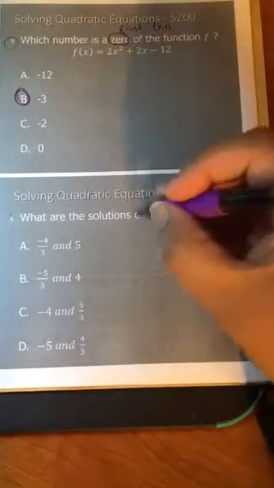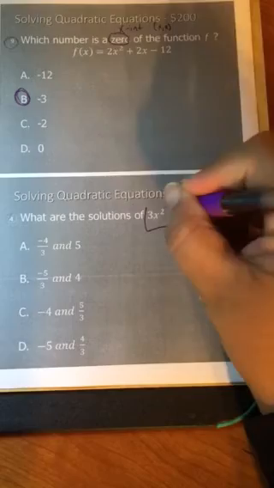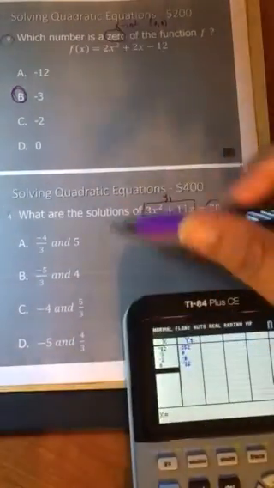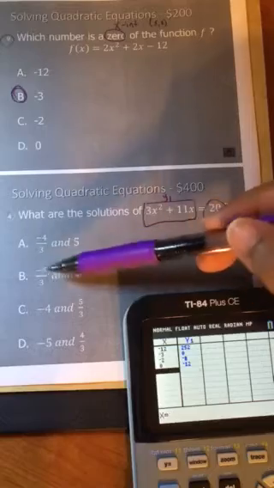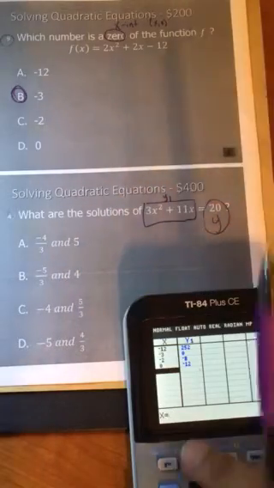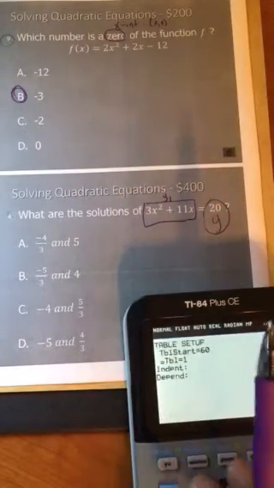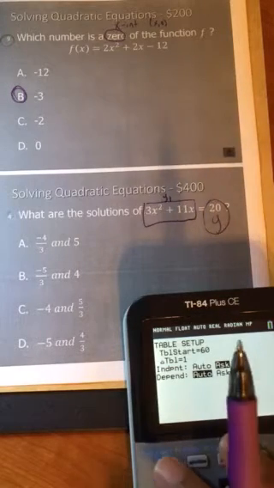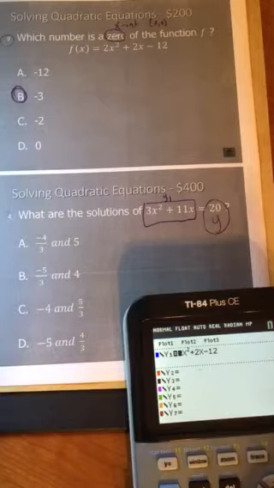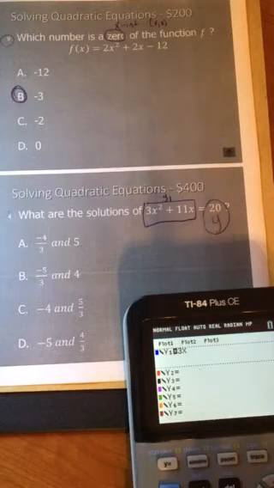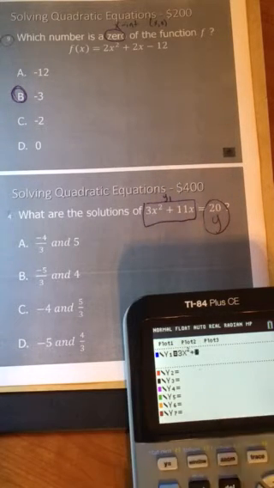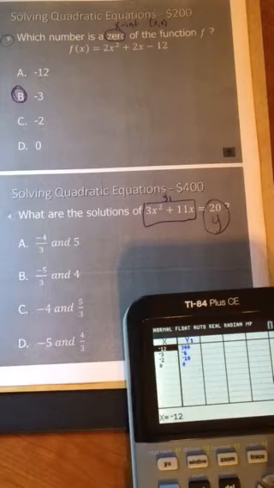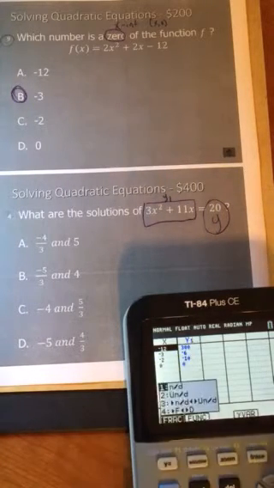So all I'm going to do is put this into y1, and then go to ask, specifically, because it's fractions. Again, if you missed it earlier, second window and your independent needs to be ask. So I'm going to type in 3x squared plus 11x and go to second graph, and start typing in these numbers.